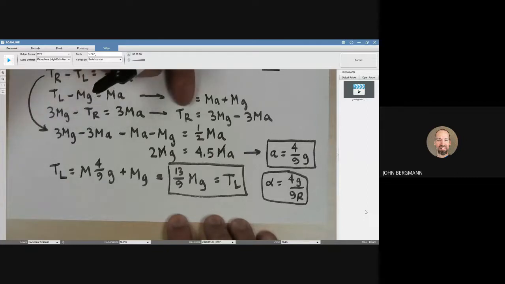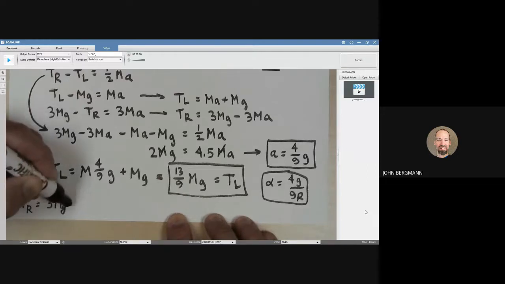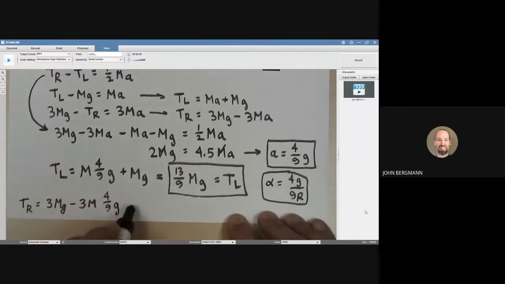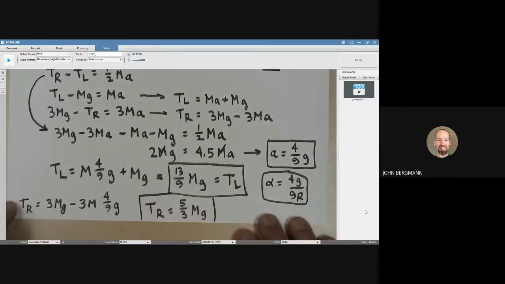I'm pointing right there, TR. We're trying to go quickly here. TR is 3mg minus 3m multiplied by a, and a is 4/9 of g. So what is that going to simplify to? This is going to be 12/9, and that's going to be 27/9. So that's going to be 15/9, which is 5/3. 5/3 mg. That was a tough one, but that's how you do it.